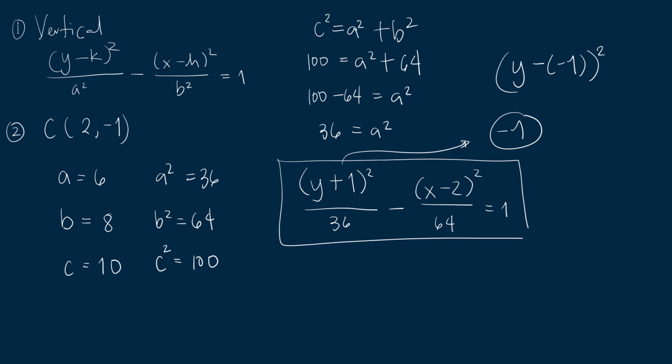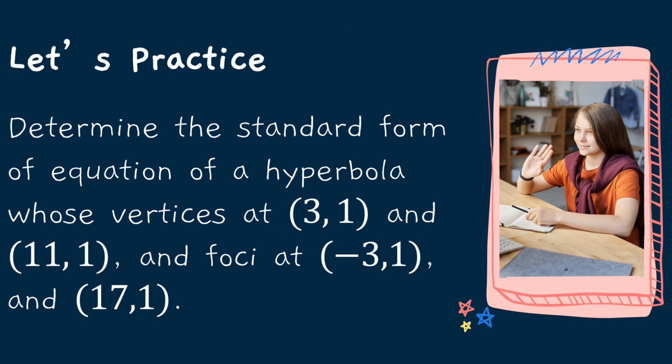And last example for number 4. For number 4, let us determine the standard equation this time if the given are only the coordinates of the vertices and the foci. As we can see here, it's clear that it's 3, 1 and 11, 1 as your vertices.